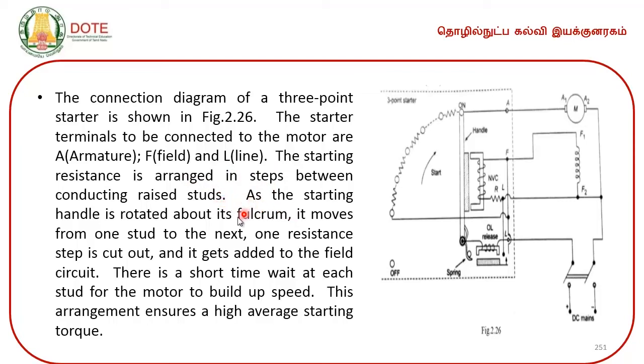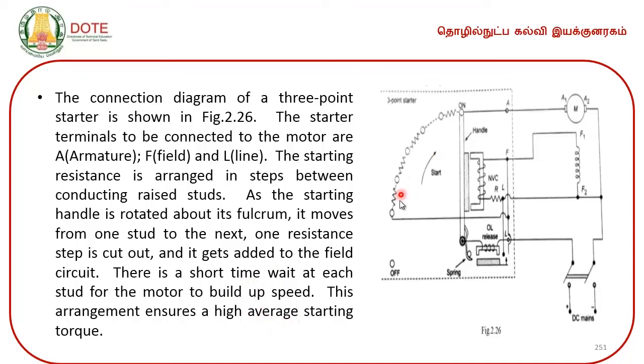As the starting handle is rotated about its fulcrum, it moves from one stud to the next. One resistance step is cut out and it gets added up to the field circuit. There is a short wait at each stud for the motor to build up speed. This arrangement ensures a high average starting torque.